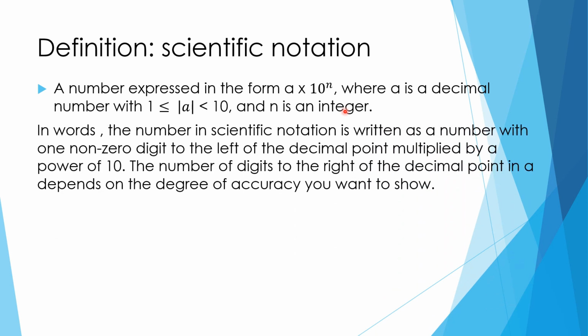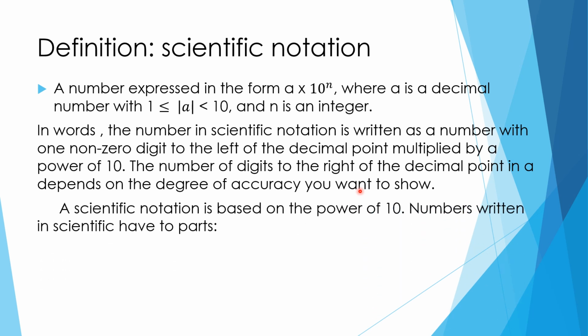In words, a number in scientific notation is written as a number with one non-zero digit to the left of the decimal point multiplied by a power of 10. The number of digits to the right of the decimal point in a depends on the degree of accuracy you want to show. Scientific notation is based on the powers of 10. Numbers written in scientific notation have two parts: the decimal part and the integral exponent.